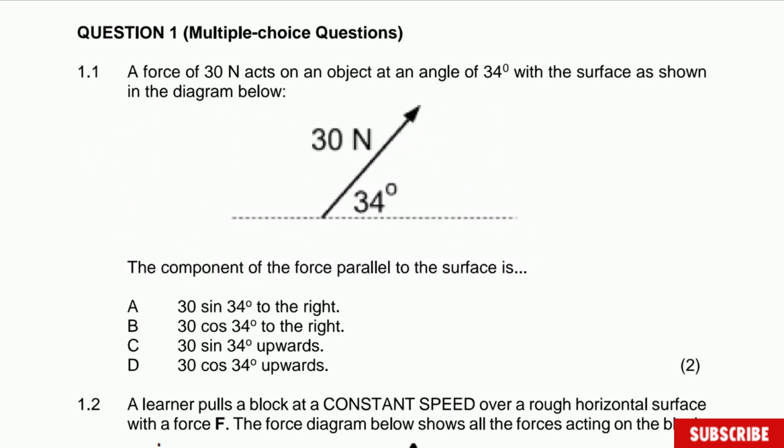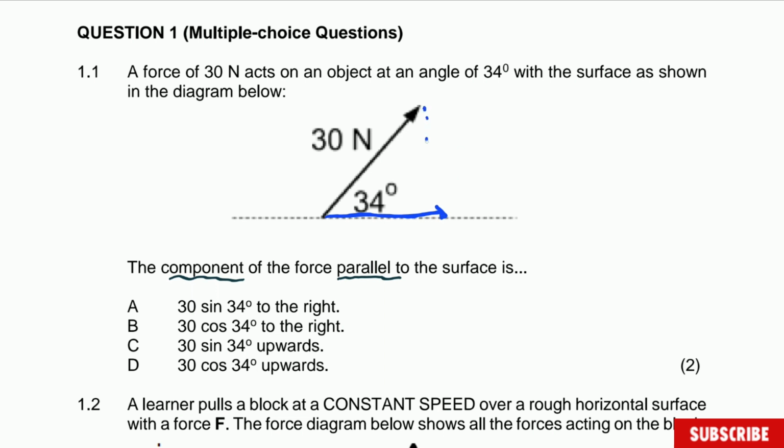So we're going to start with question 1, which as usual is a multiple choice. A force of 30 newtons acts on an object at an angle of 34 degrees with the surface as shown in the diagram below. They're looking for the component of the force parallel to the surface. Remember, this force can be broken into components: the horizontal component, parallel to the surface, or the component in the x-axis, which is this one here.